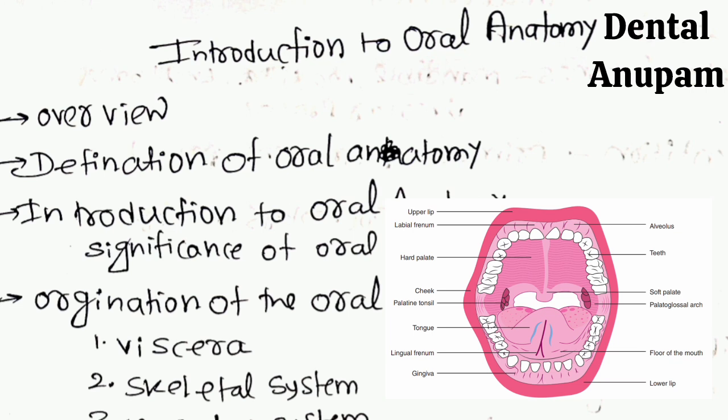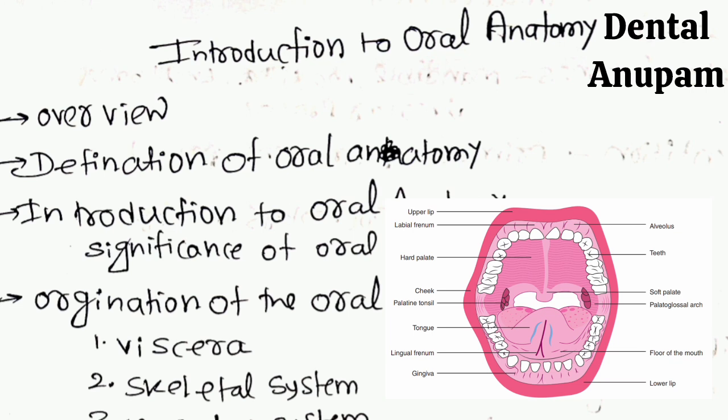Knowledge of anatomy is basic for understanding other basic sciences such as physiology, microbiology, and pathology, as well as applied sciences such as medicine and surgery.